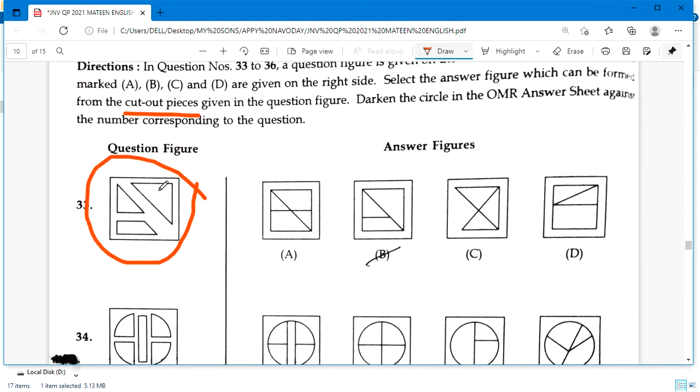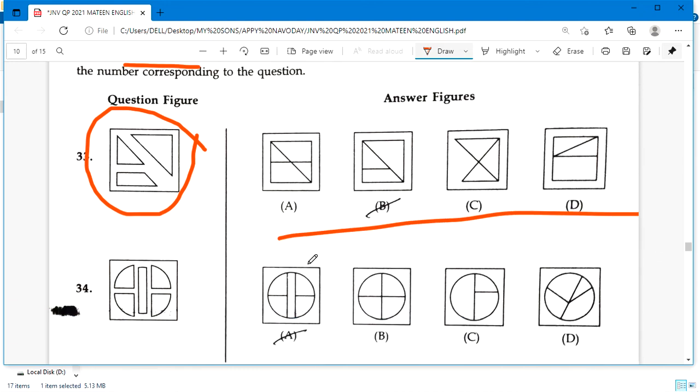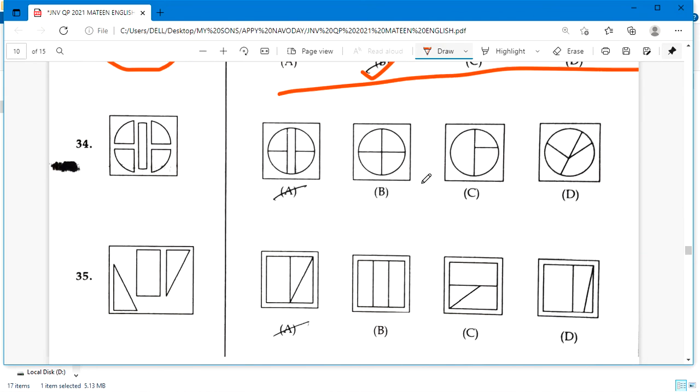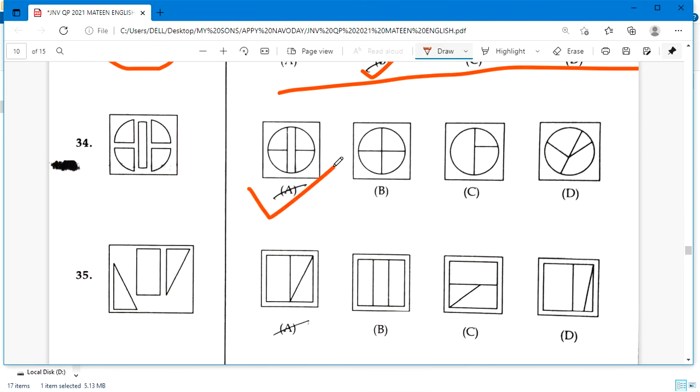They have already cut this figure. By joining these pieces, which of these 4 figures will we get? I am going to directly answer, 33. These pieces of figures, when joined, we will get the figure like this. That's option B. And the 34th question, that's option A.